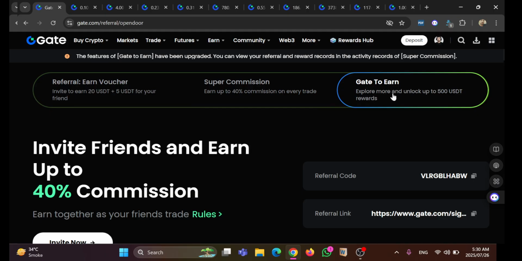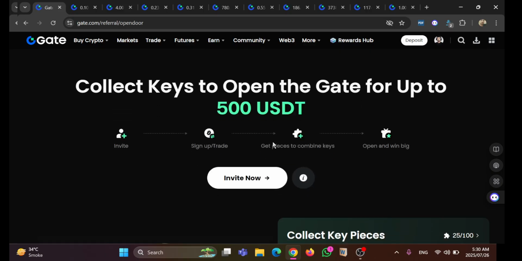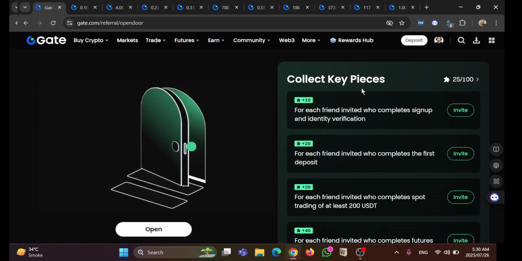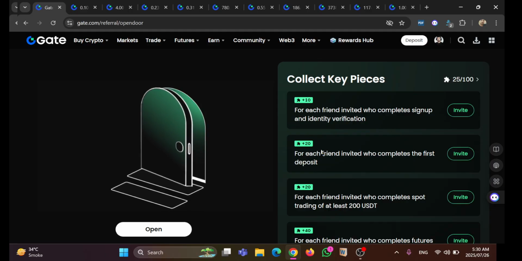And Gate to Earn. Collect keys to open the gate for up to 500 USDT. Collect key pieces, and I have collected 25. For each friend invited who completes sign up and identity verification, you will get 10 pieces. For each friend invited who completes the first deposit, you will get 20 pieces.